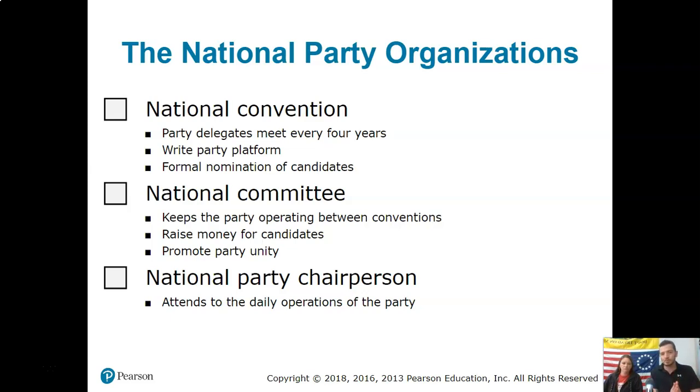But the party platform is much more important, because it gets to what people believe and what our values are going to be. The National Convention is communicating that to all potential voters and trying to attract more independent voters or solidify their bases.